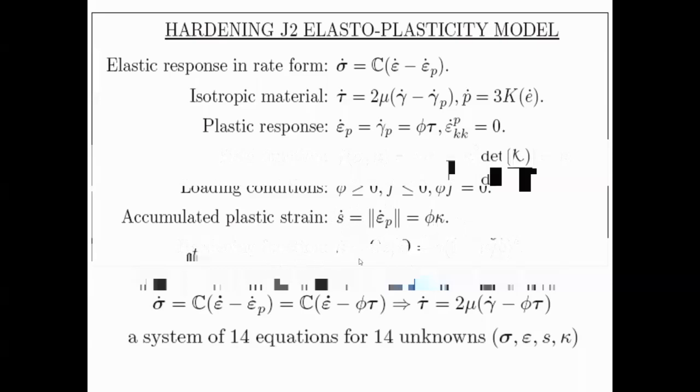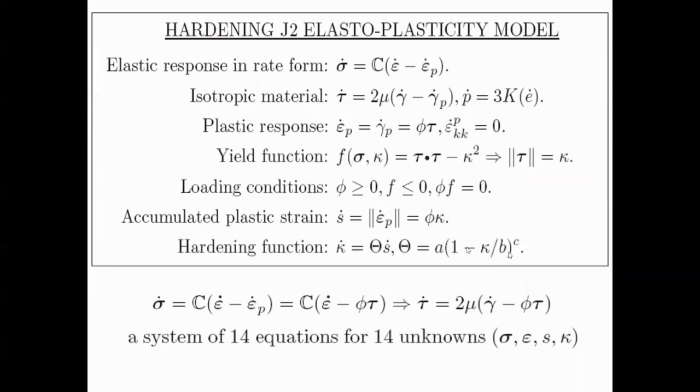And this is the hardening function that I can introduce. Kappa dot is equal to theta times S dot. Forget about this. This is for the example that we have solved in the book. For your case, you will draw the experimental plot and find out what could be that particular function.